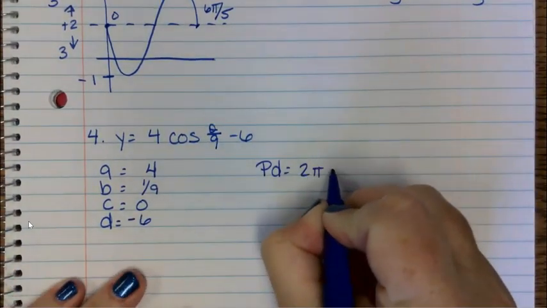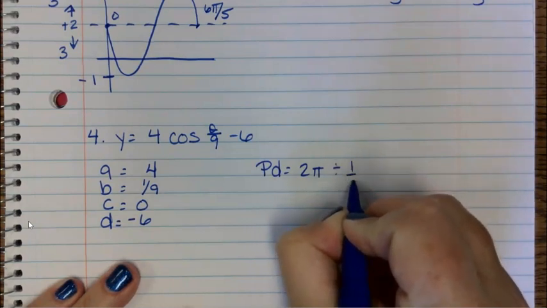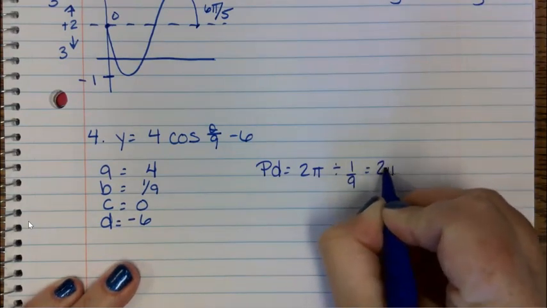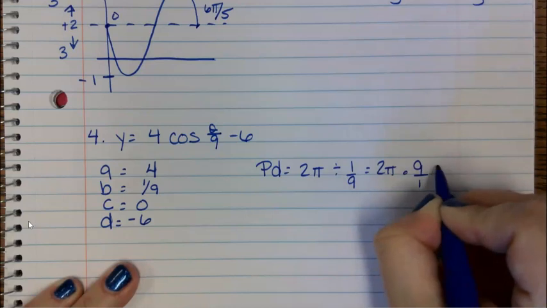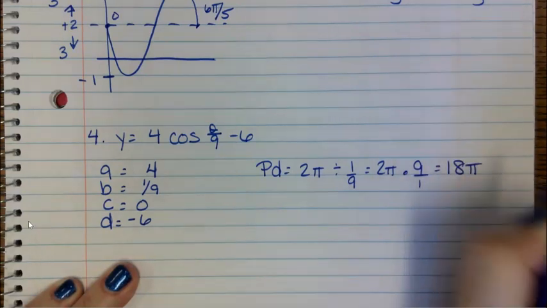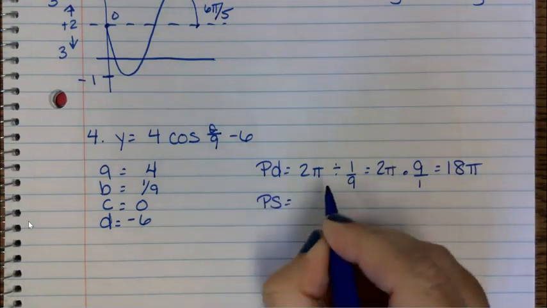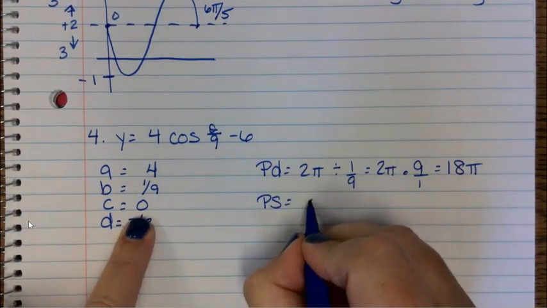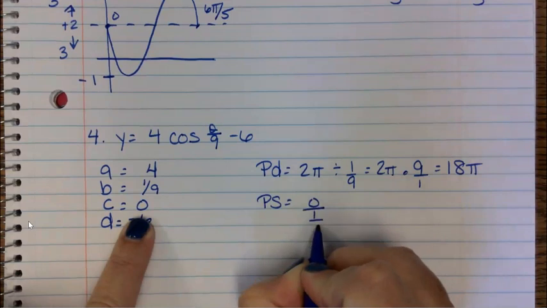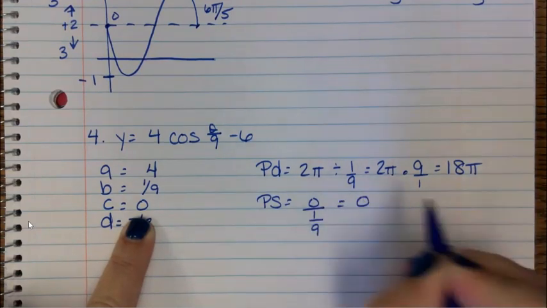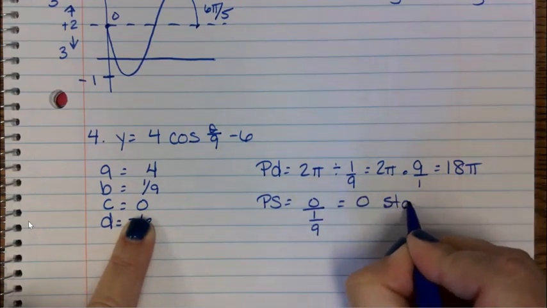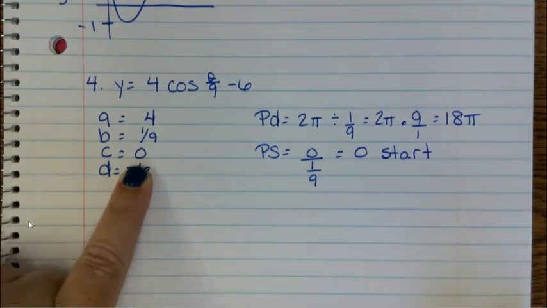So 2 pi divided by 1 over 9, keep, change, and flip, and I get 18 pi. Phase shift, opposite of C, so we still have 0, divided by 1 over 9, which is still going to be 0. That's my start.